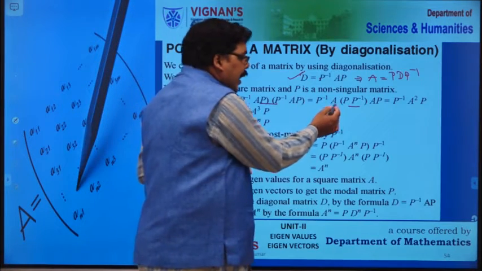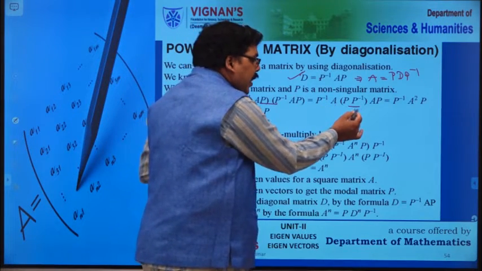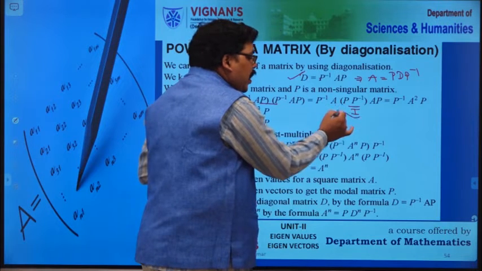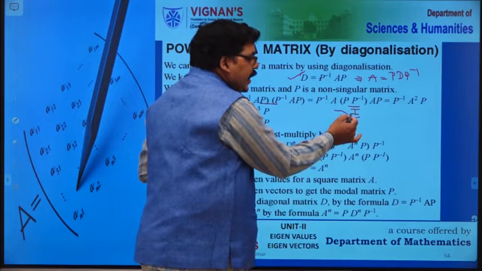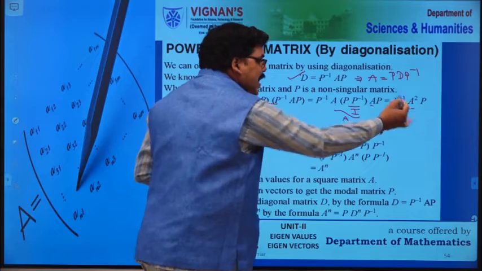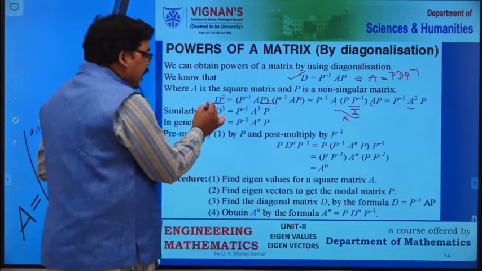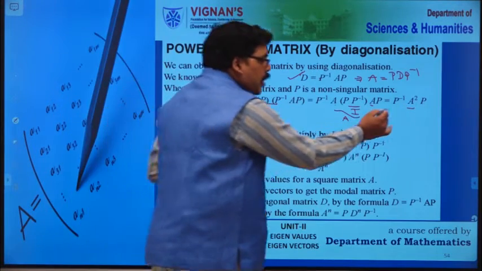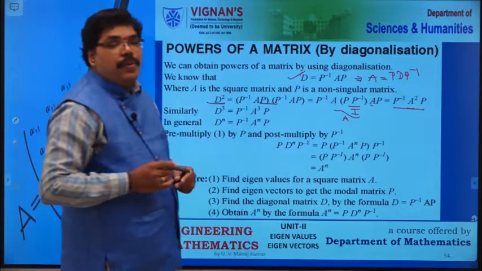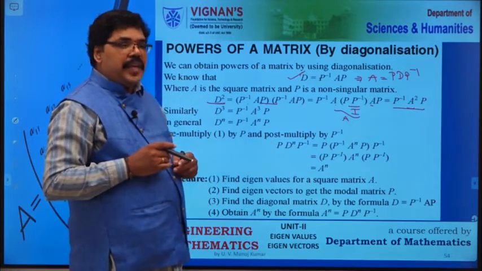So here A into I becomes A itself. Then A into A becomes A square. So finally D square equals P inverse A square P.